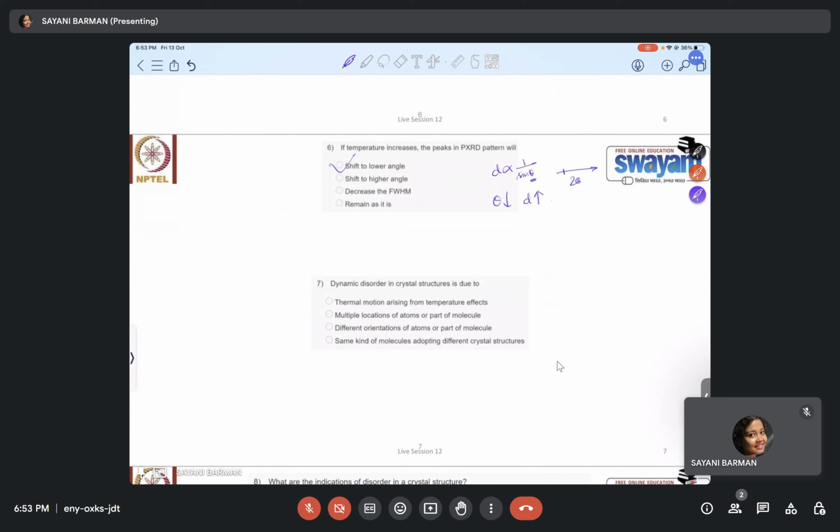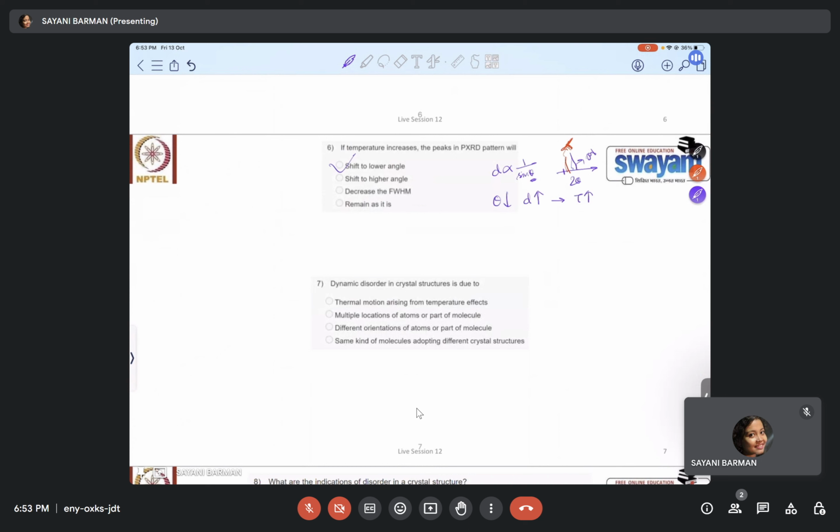So providing temperature means expansion of the lattice, and interatomic distances increase, and theta will be lower, which means the peaks shift. If this is the first peak, then the second peak will come around here. This is for high temperature, and this one is for, let's say, room temperature.